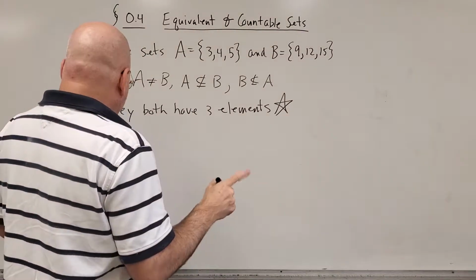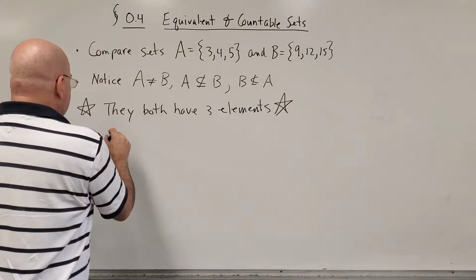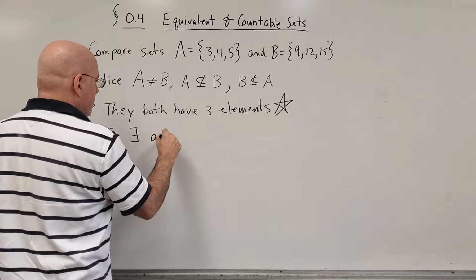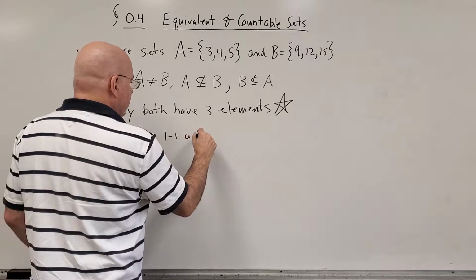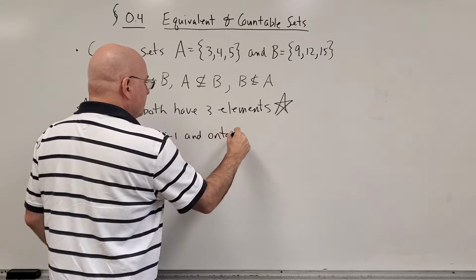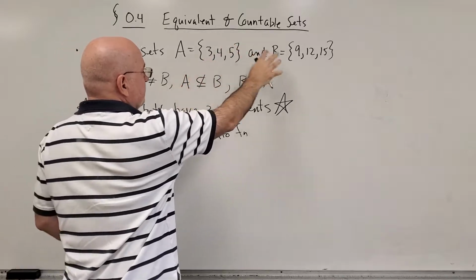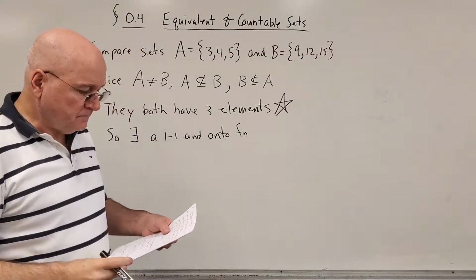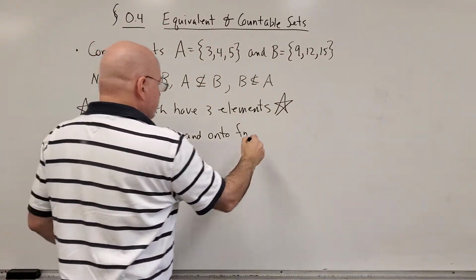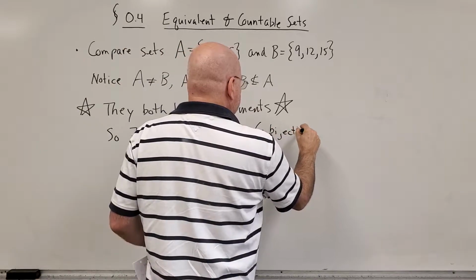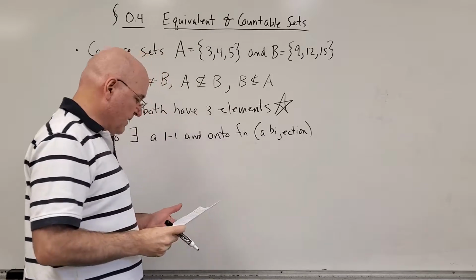Okay, they both have 3 elements, so there exists a one-to-one and onto function that maps the elements of A onto B. One-to-one and onto, we call that function a bijection whenever it's one-to-one and onto.